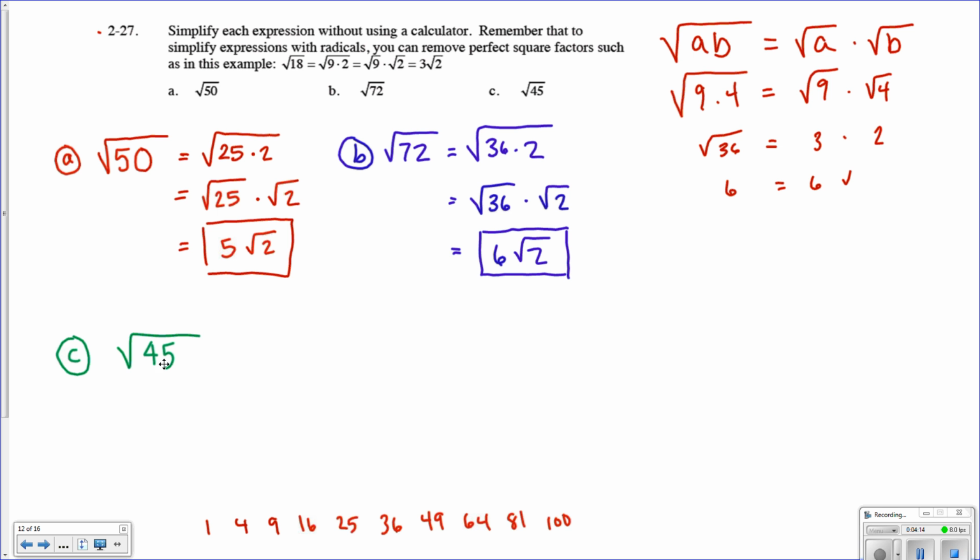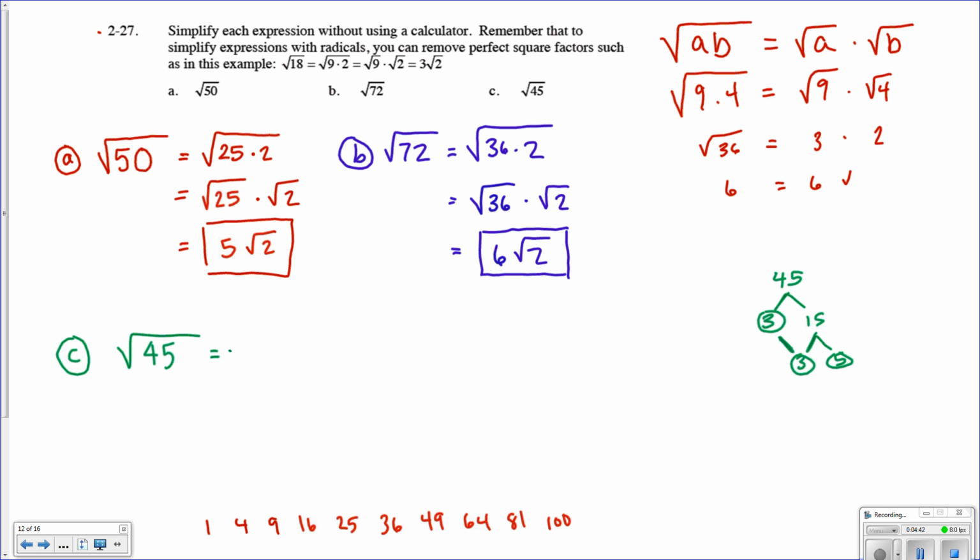Well, if you're not sure of the factors of 45, you can do a prime factorization. 2 doesn't go into 45, but 3 does 15 times. 15 breaks down into 3 and 5, which are both prime. But you see here, if we have 3 times 3, that's 9, so 9 times 5 should go into 45.